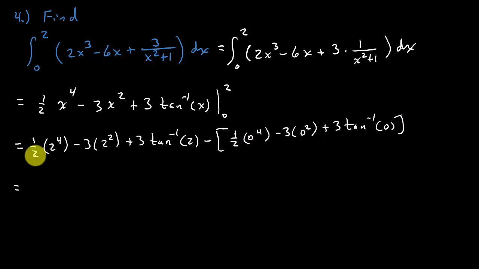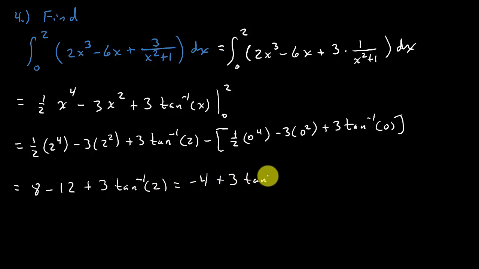So I've got what? 1/2 times 16 is 8, and that's going to be minus 12 plus 3 times inverse tan of 2, which is going to be what? Negative 4 plus 3 inverse tan of 2.